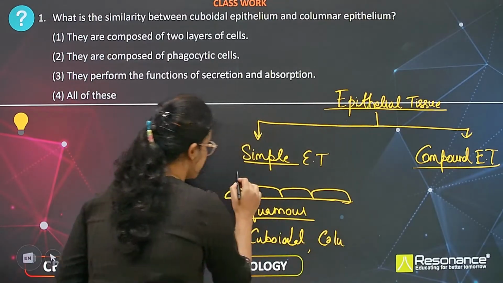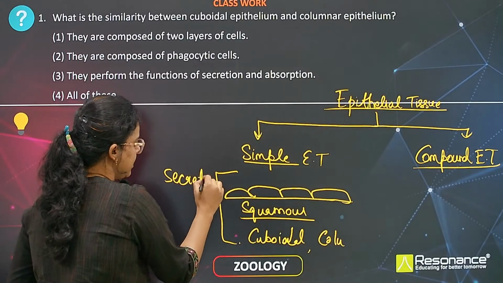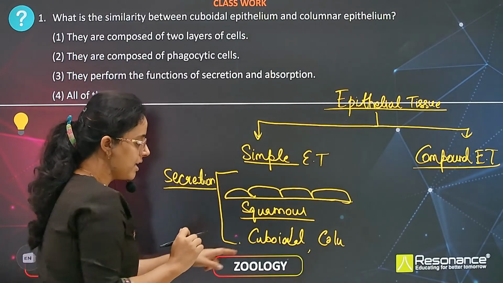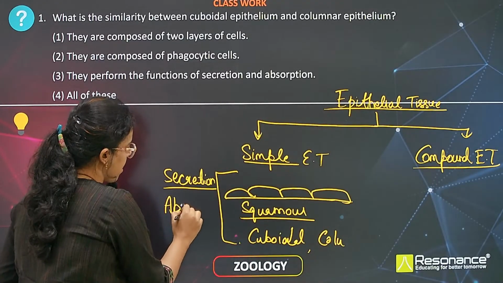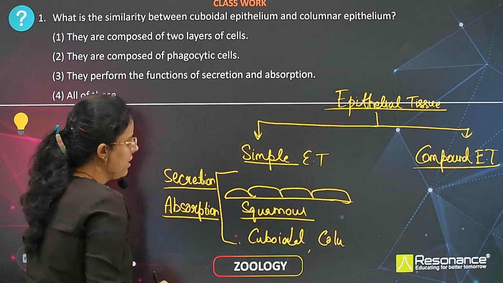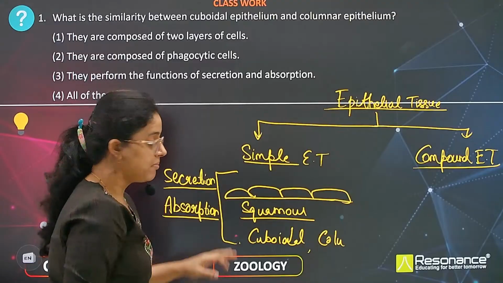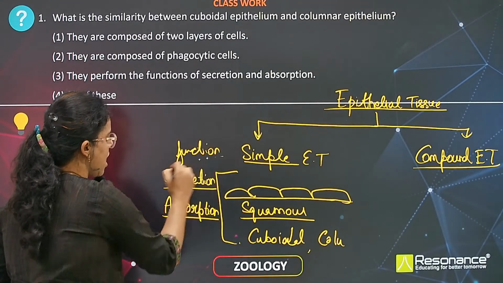And what is the function of simple epithelium? Secretion. Basically they secrete. We have learnt about glandular epithelium also, and about the absorption role, microvilli. So the major functions of simple epithelium are secretion and absorption.